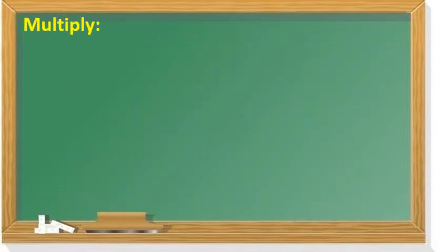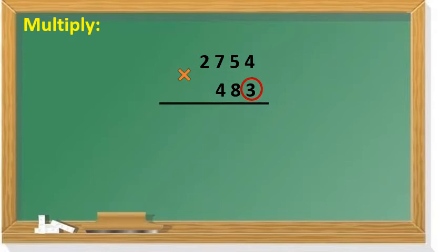Now dear students, we will go for multiplication of a 4-digit number by a 3-digit number directly. Here I will go directly. Okay. First we will multiply 2754 by 3. Okay.